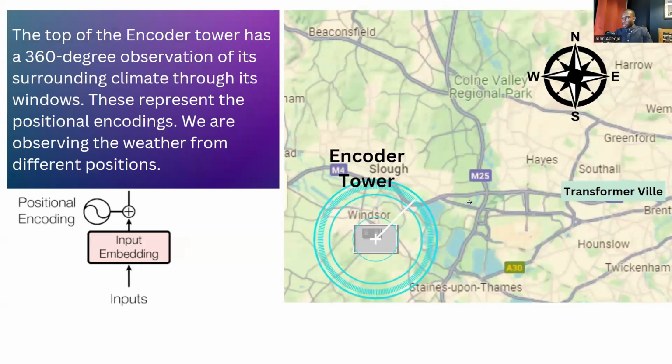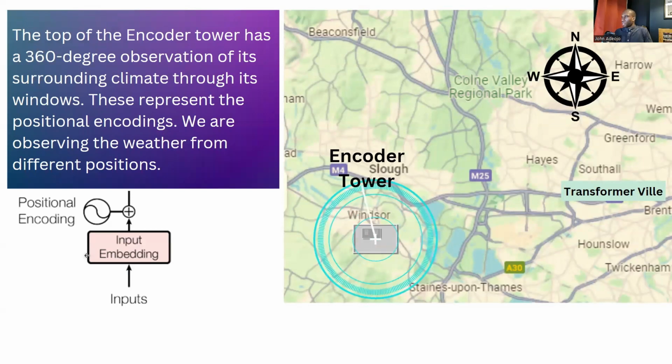This is analogous to the positional encodings that we have in our transformer, okay? So the job of positional encodings is to allow us to capture the relative positions of words. When we're talking about from a natural language processing perspective, we encode each word in a sentence with a position, so we can capture the relative positions of words to each other. And that's important for allowing us to understand how different words relate to each other, okay?